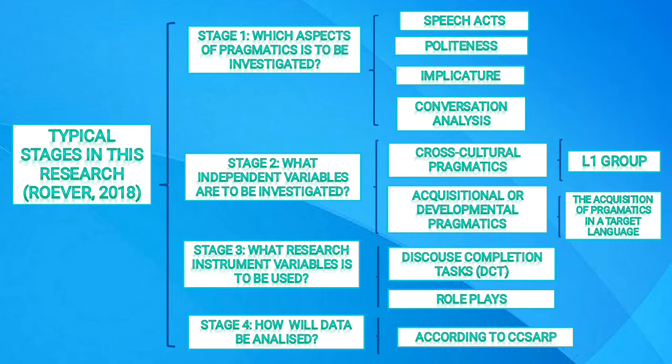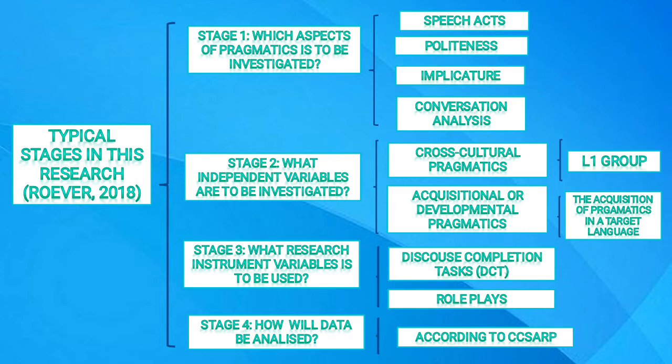Alright, so there are 4 typical stages in this research. First of all, we are going to ask ourselves which aspects of pragmatics are to be investigated. And there we have different aspects. For example, speech acts. The major focus of pragmatics has been on speech acts in the traditional way.